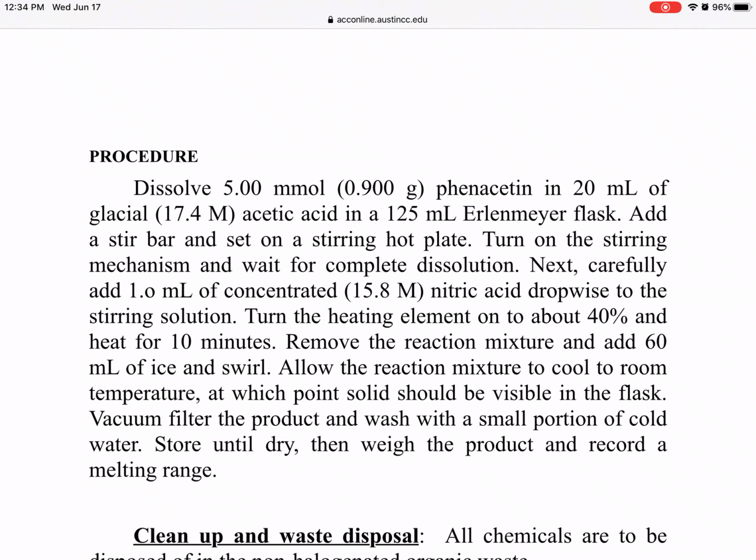And we did this reaction in acetic acid and nitric acid. Okay, and the reaction had taken place, so we want to make sure that the organic compound precipitates or forms a solid after doing the reaction. Just to make that happen, you lower the temperature by adding ice and water.